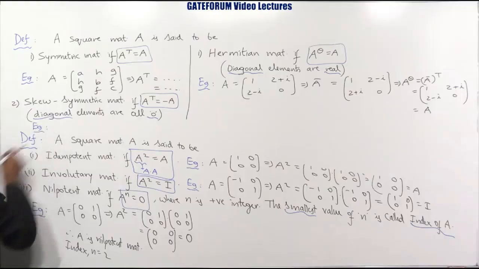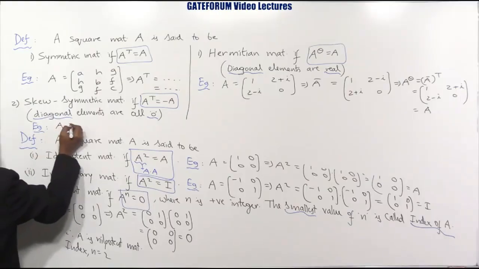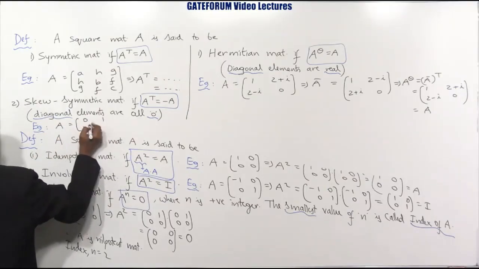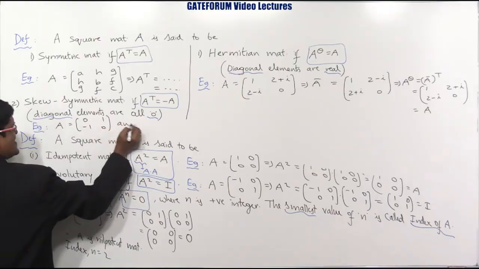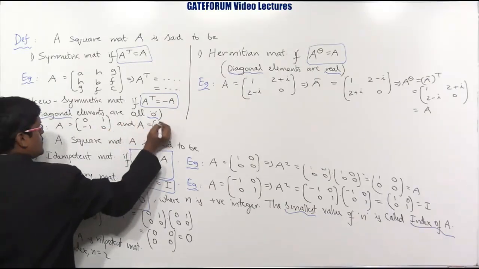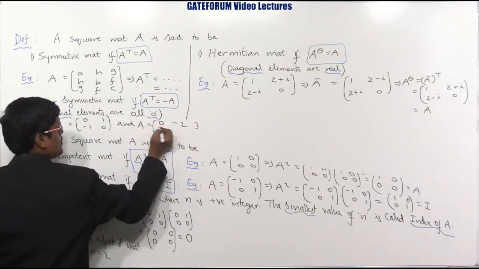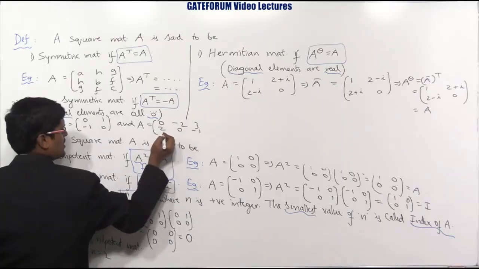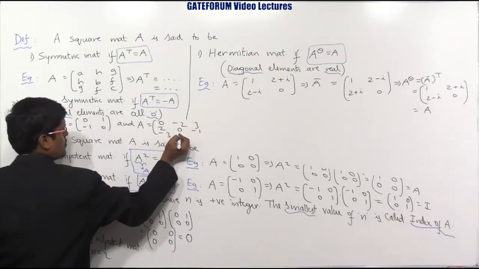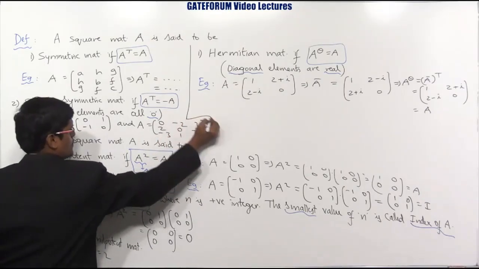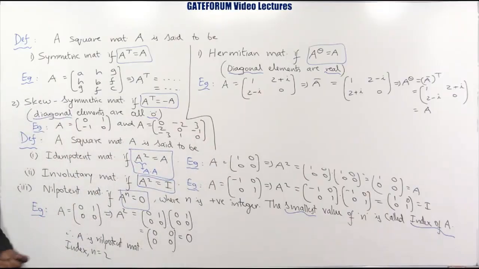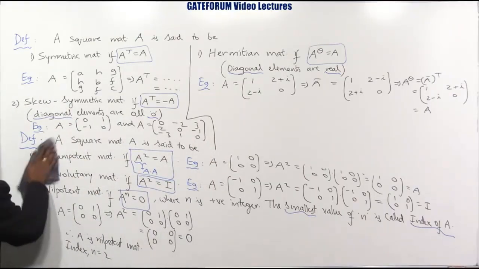Example, A is equal to [0, 1; minus 1, 0], and [0, minus 2, 3; 2, 0, minus 1; minus 3, 1, 0]. So please verify these two examples.